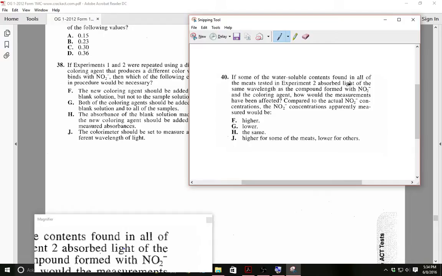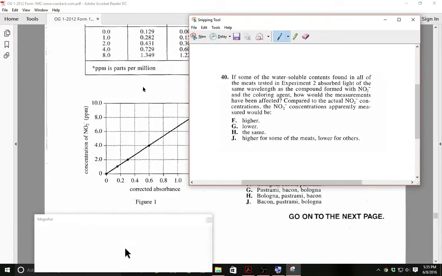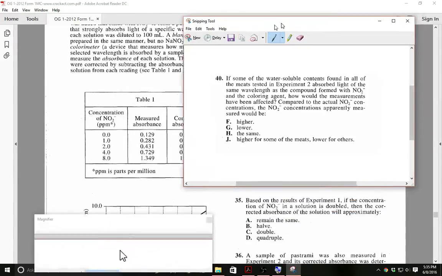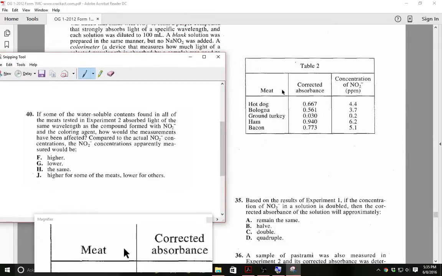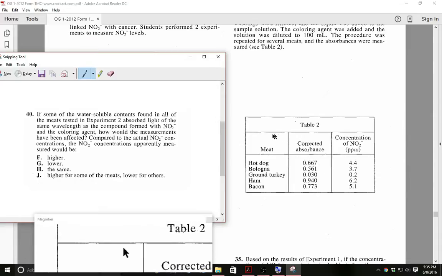Compared to the actual nitrite concentrations, the nitrite concentrations apparently measured would be, so let's look at experiment 2. The results of experiment 2 are in table 2.